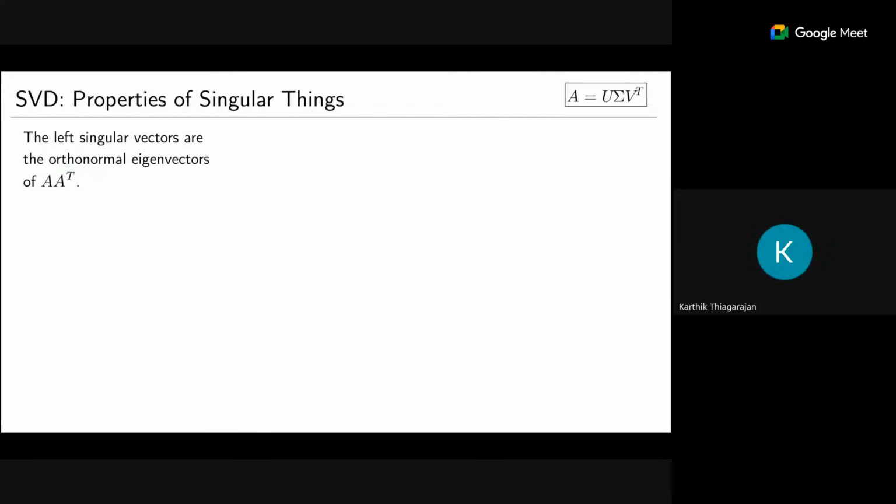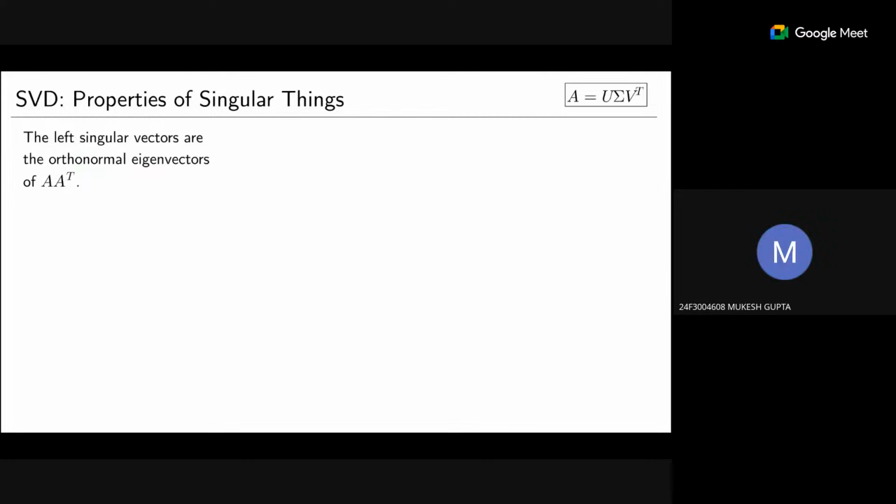That is correct, but can you extend this idea to A transpose A? If the left singular vectors are orthonormal eigenvectors of AA transpose, what can you say about A transpose A?